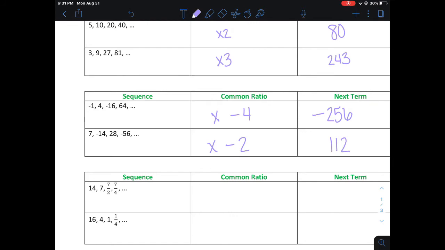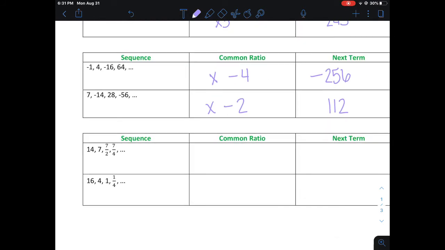Okay. And the last set that we're going to do for our notes before I'll let you go for your practice. I see some fractions. So we've got 14, 7, 7 halves, or 7 over 2, and 7 over 4. If you paid really close attention in the first assignment for this section with the pizza, where we were dealing with fractions, I think this one should ring a bell.